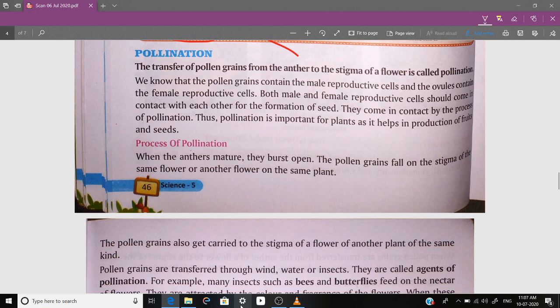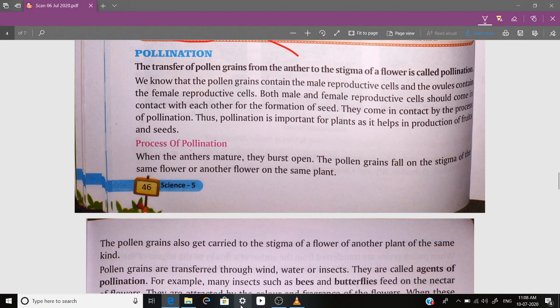Okay students, in the last video, or we can say the second part of this chapter, we have done the exercise for revision. In this video I'm going to start with the topic pollination. Students, I have explained to you the types of flowers and the parts of flowers.